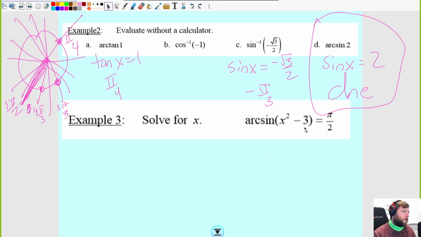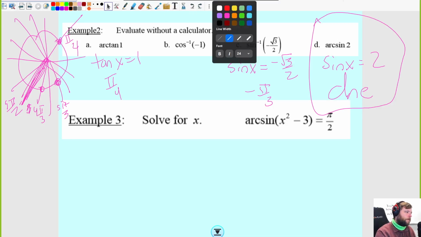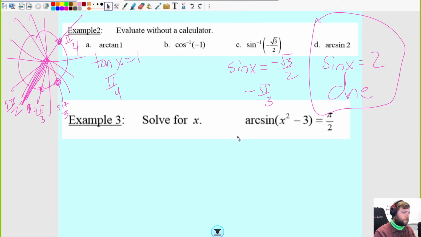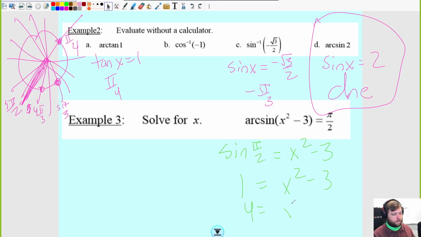Okay, I can solve this equation here. Why not? So if I had this, I'm going to rearrange it and say sine of pi over 2 equals x squared minus 3. Now, sine of pi over 2 happens at the top, right up here. That's going to equal 1. Add 3 to both sides.